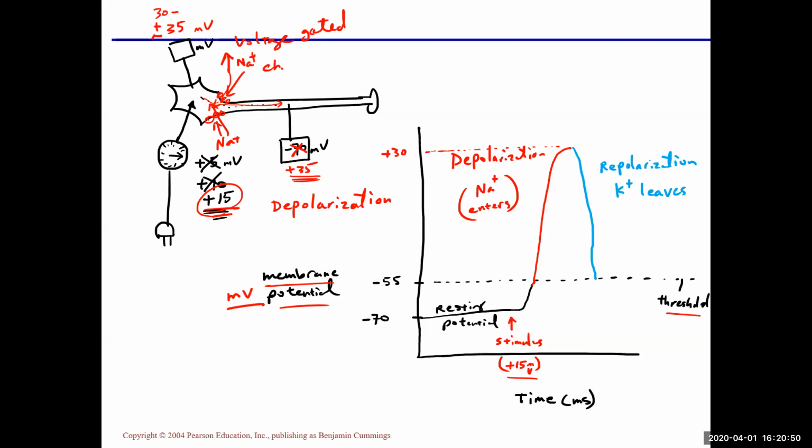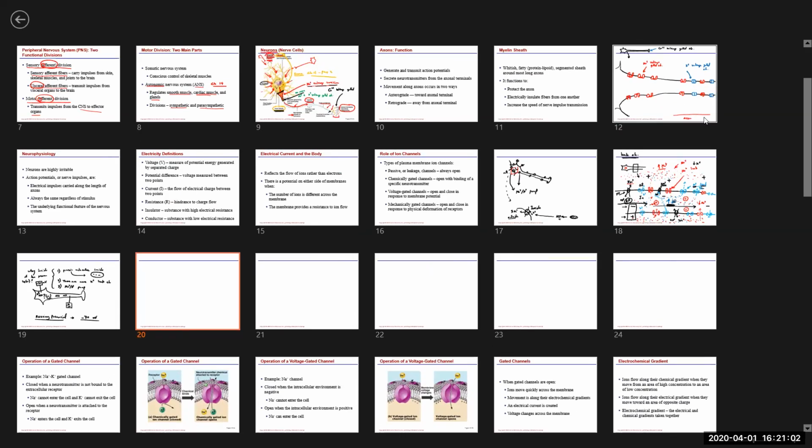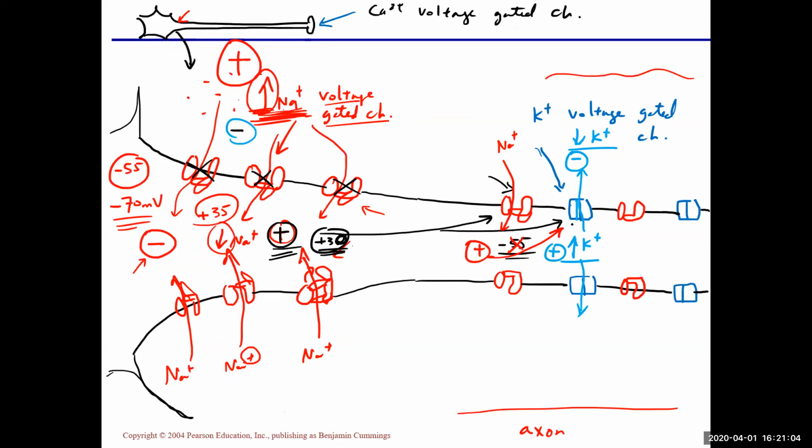So potassium keeps on leaving. However, something interesting about the nature of potassium is that these channels are slow in closing. Think about some of the elevators. They're open, but when you go to the elevator, it takes forever to close.